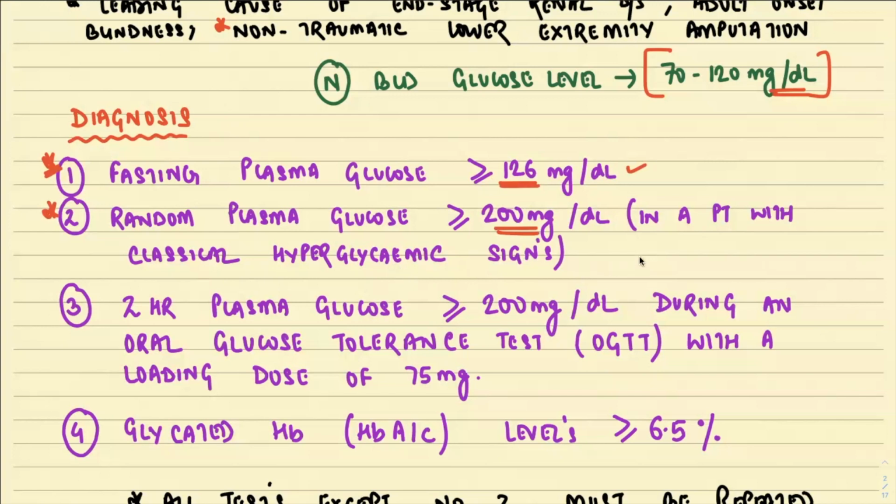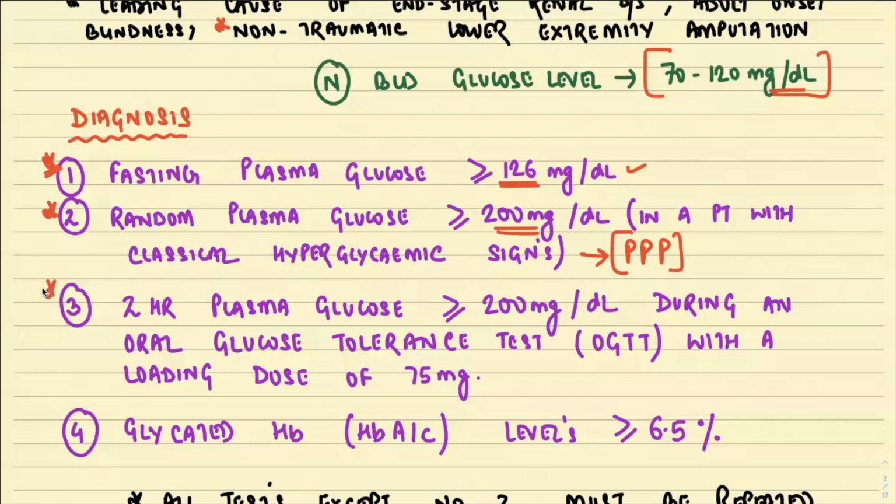Okay, what are the classical signs and symptoms of diabetes mellitus? Yes, triple P: polyuria, polydipsia, polyphagia. So a patient presenting with the classical signs and symptoms of diabetes mellitus and with a random plasma glucose level of more than or equal to 200 milligrams per deciliter basically will constitute a diagnosis of diabetes mellitus.